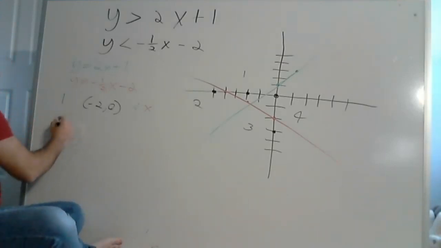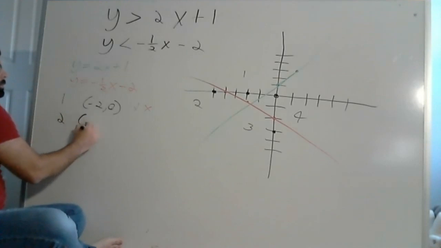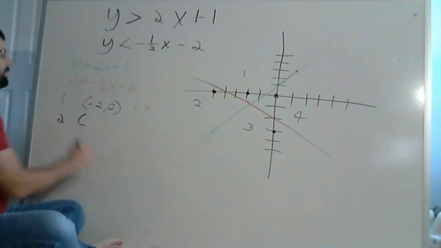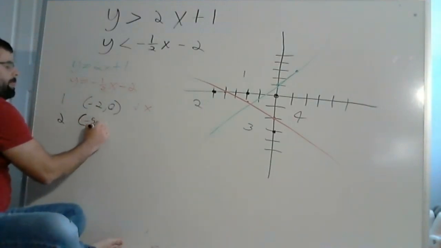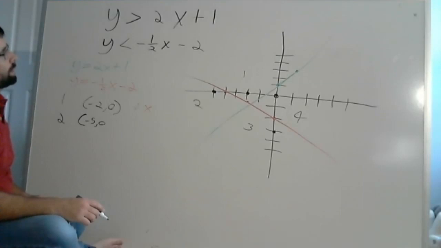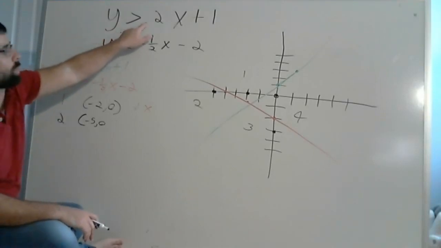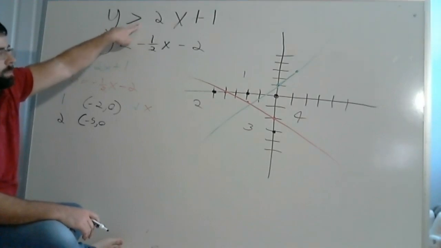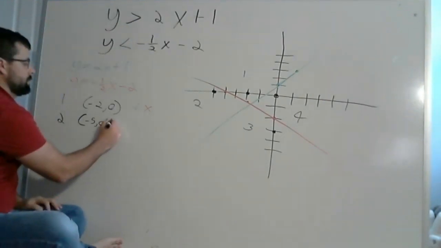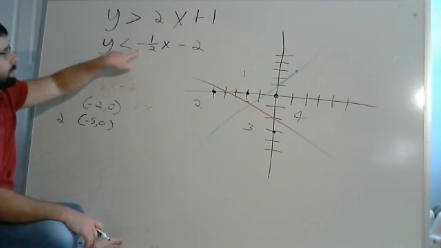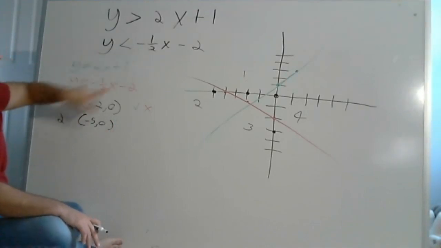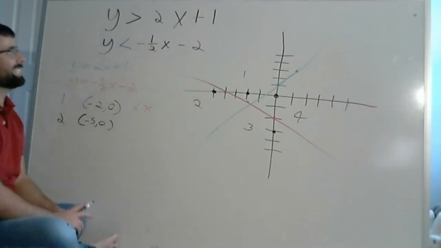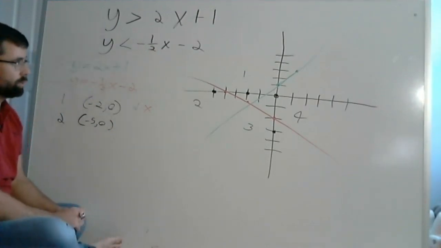Let's try number 2. So this point is (-5, 0). So we know that this point works for this one, but when we plug it in down here, we have -5 times -1/2 gives you +2.5.